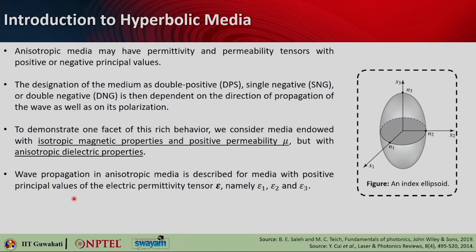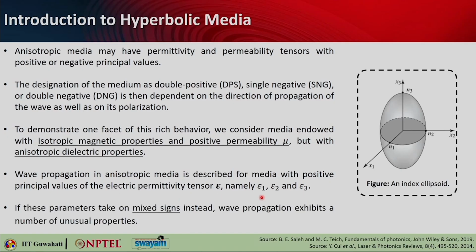In such a media, wave propagation will be described by the values of the electric permittivity tensor, epsilon 1, epsilon 2 and epsilon 3. And in the case these parameters take up mixed signs, the wave propagation will start showing some unusual properties which you have not seen in the previous cases.